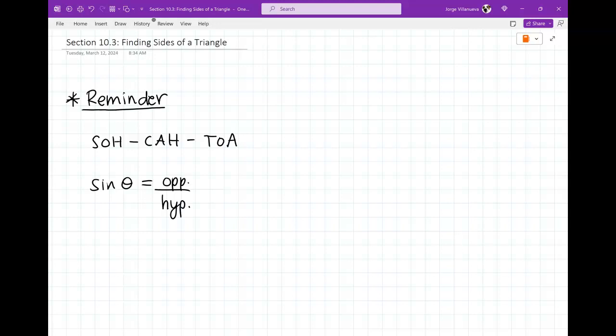Okay, the CAH referred to the cosine of an angle, and that was adjacent over hypotenuse. And then the T was for the tangent of theta. By the way, most of the time in trig books they use theta, but in algebra sometimes they do tangent of x, tangent of y, but theta is usually the general way that we do. We use Greek alphabets for it. So this would be opposite over adjacent. I'm sorry, not hypotenuse, adjacent.